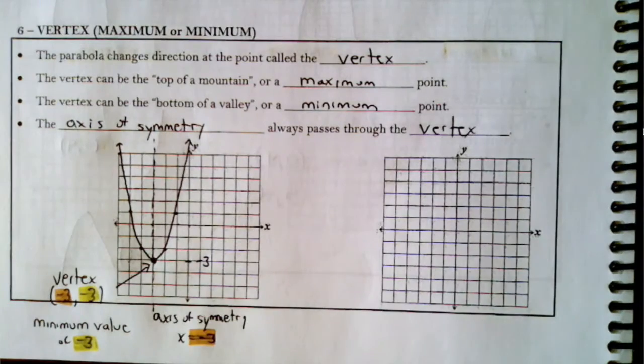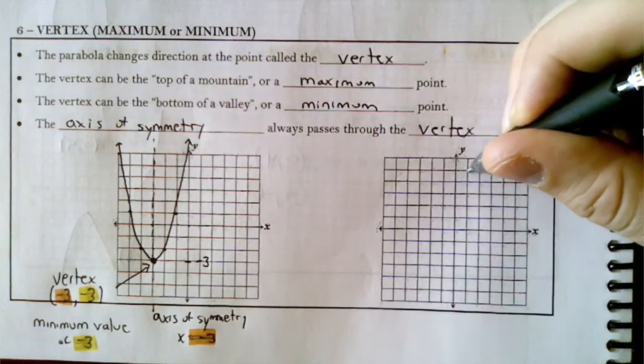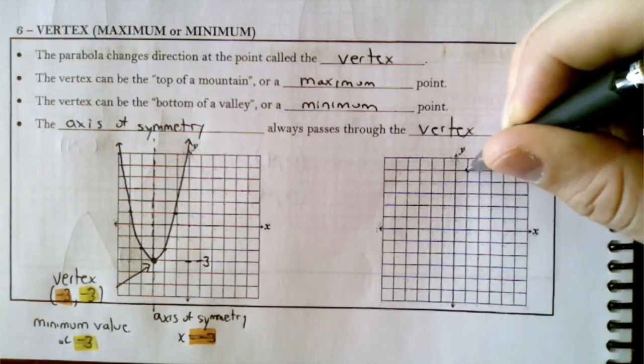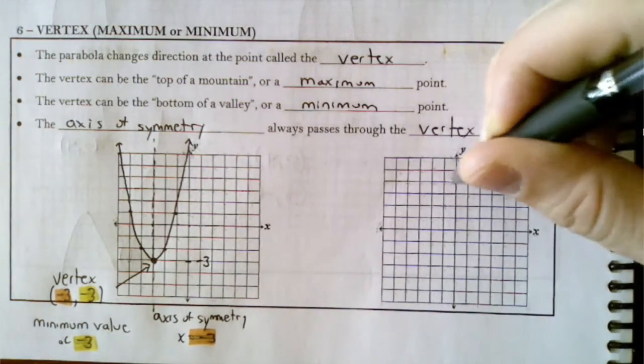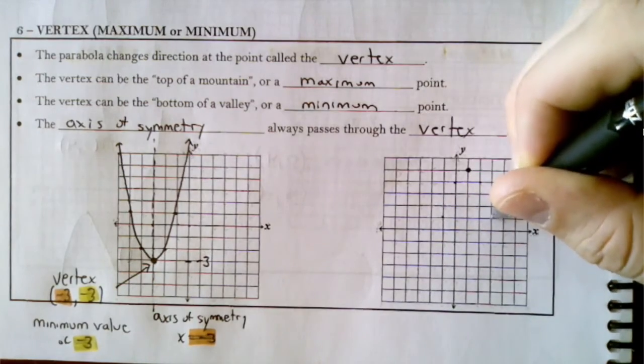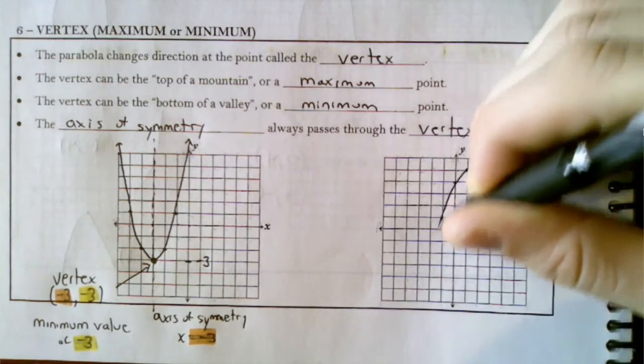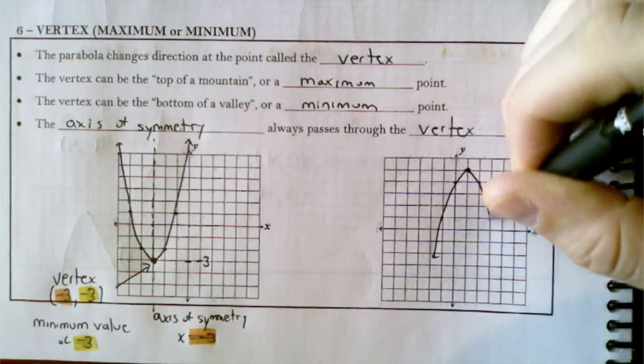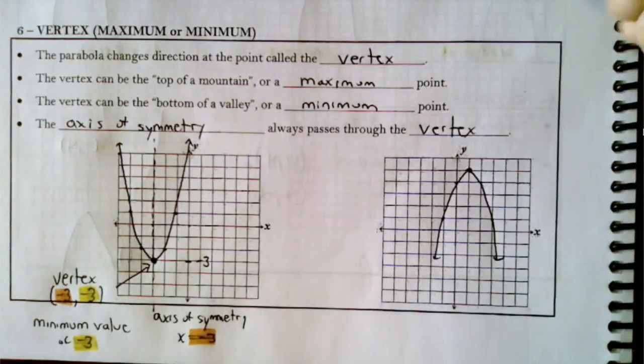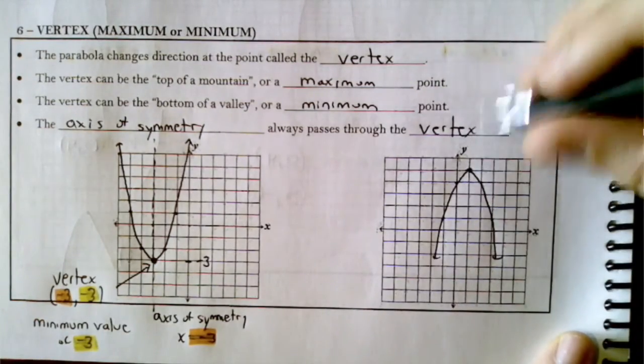All right, so the vertex is just a point. It can also be a maximum. So let's draw a point here. We've got here, here, here, here. Let's draw a curve. And there we have it. We have a maximum vertex this time.